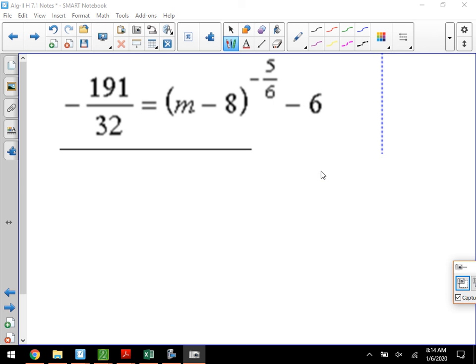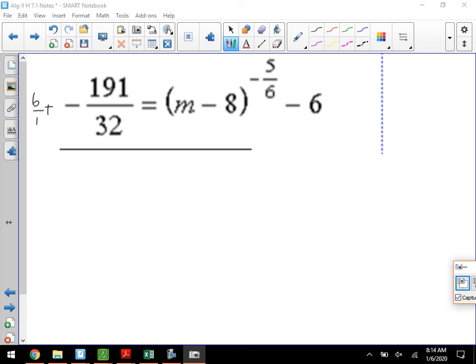So working backwards off of this, what would you have to move first? Work backwards. Add 6. Okay? So if I add 6, I need to get that as a denominator of 32. So that just means I have to multiply 32 times 6, because this is 6 over 1.